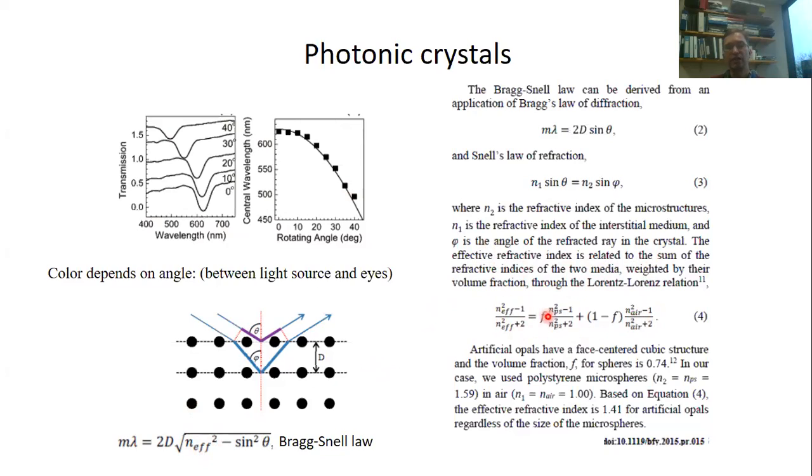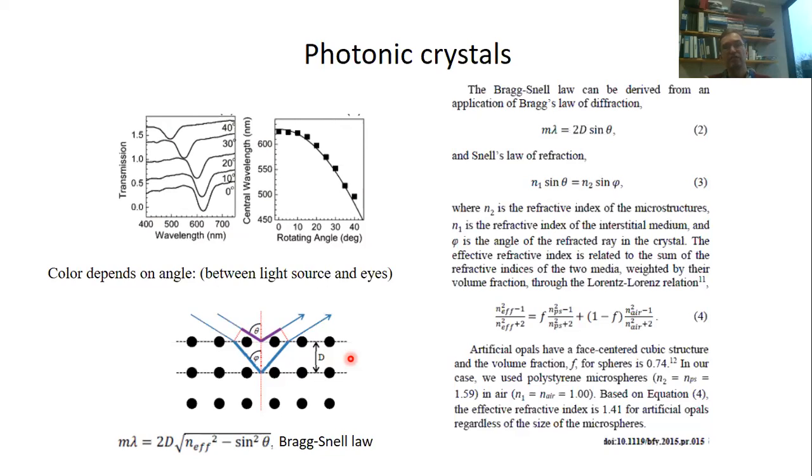So we have to consider that our macroporous material is actually itself composed of two media. So for instance, when we have a photonic crystal made of silica spheres, then we have to consider the refractive index of the silica spheres themselves, but also the refractive index of the material in between. That can be, in the most simple case, air.